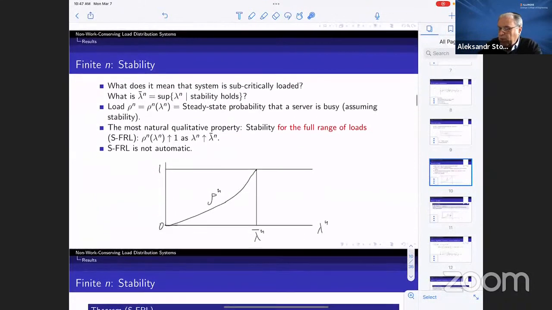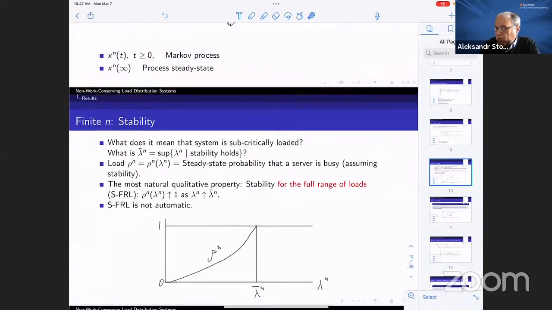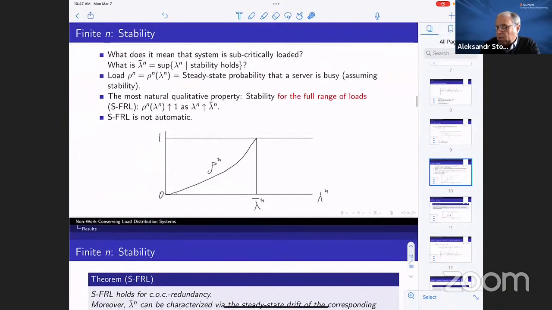Okay. So the first question you have to address is when this system is stable. And this is the first time when we get a little bit of difficulty with non-work conservation. What does it mean that the system is subcritically loaded? Okay, so you don't know the average amount of work which a job brings, right?